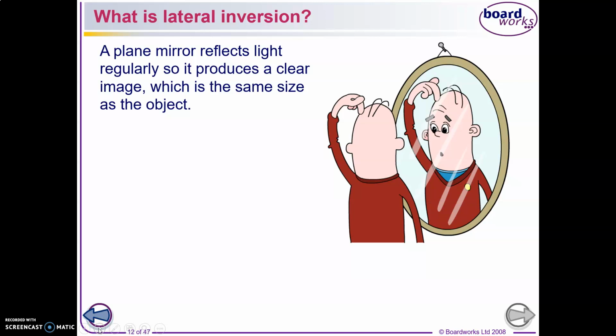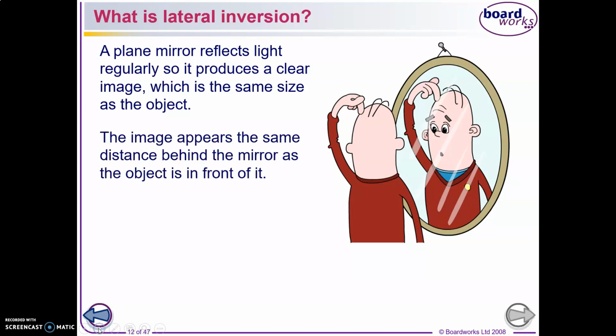The reflection in the mirror is called an image, and it looks exactly like you, with the same size. The image appears at the same distance behind the mirror as the object. So if you get close to the mirror, your image also gets closer. If you get away, your image also gets away. So the image appears at the same distance as the object in front of it.